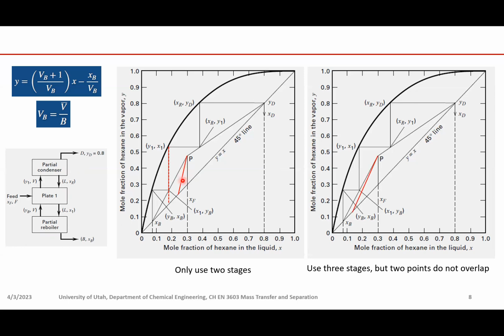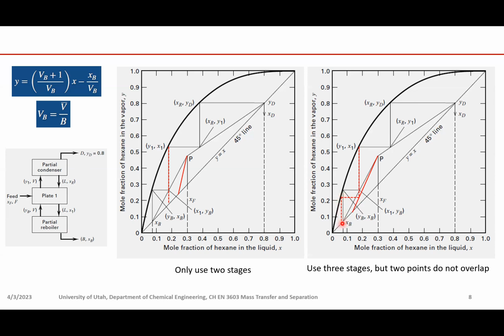Now, if we draw an operating line that's less steep, in this case, if you start from stage 2 and draw a vertical line, it's going to land on the operating line, right? At that point, you can draw a horizontal line, then cross the equilibrium, then you can draw a vertical line again.